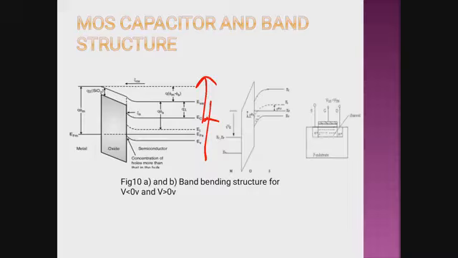So the Fermi level of the semiconductor remains the same, but the other energy structure, the valence and conduction band, is going to increase and the band is moving in the upward direction.